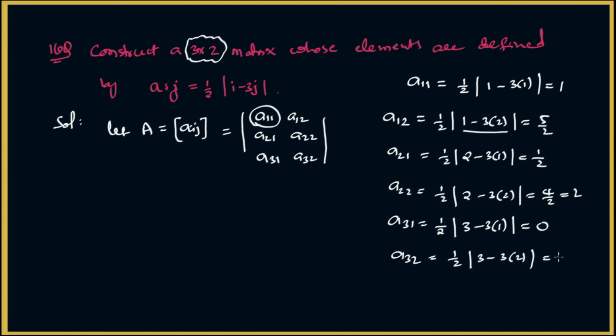So 3 minus 3 2s are 6, 3 minus 6 is minus 3, minus 3 by 2, mod is there, plus 3 by 2. Therefore our required matrix A is: the first row 1, 5 by 2; next 1 by 2, 2; and finally 0, 3 by 2.